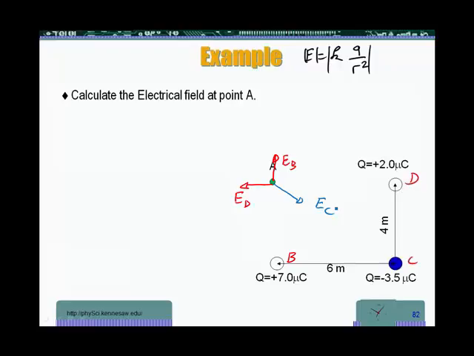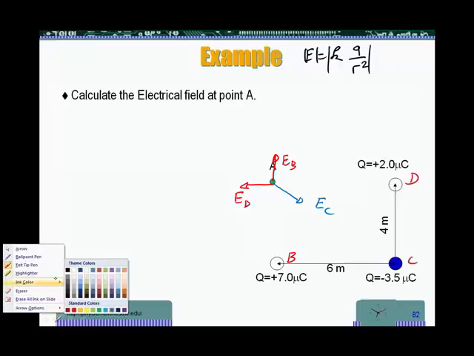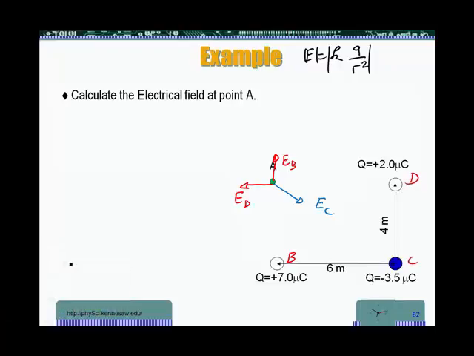Now, we'll use that expression to find the magnitude of each one of them. So let's start with EB. So it's K, the absolute value, so it's 9 times 10 to the 9 newton meter squared per coulomb squared.